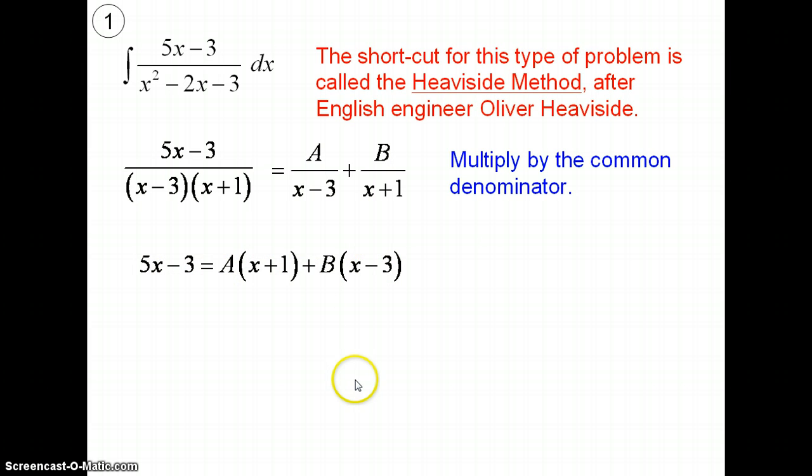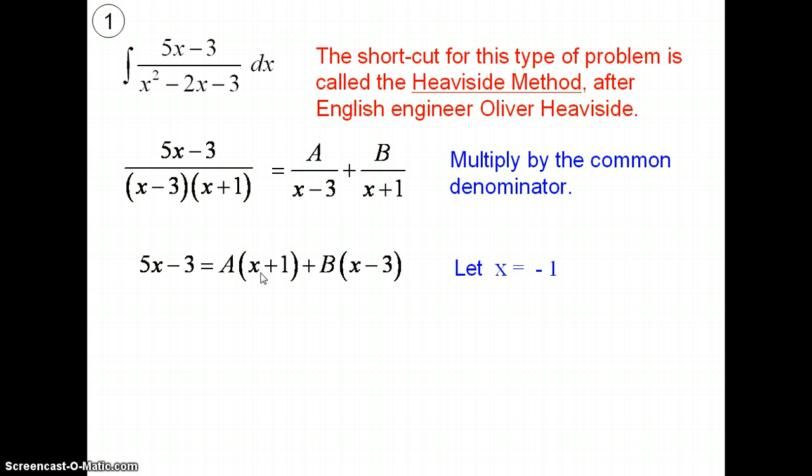Maybe you're thinking, what if I chose 0? Well, if you chose 0, then you'd still have two unknowns in there, right? Neither a nor b would go away. But if you choose -1, that's a convenient value.